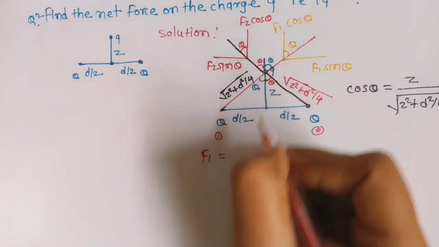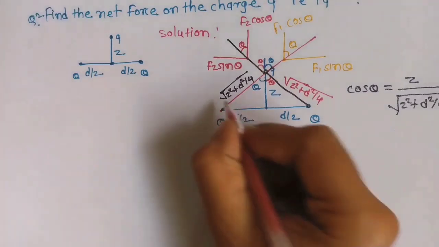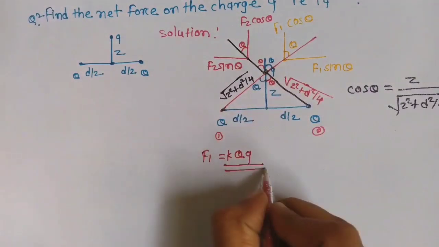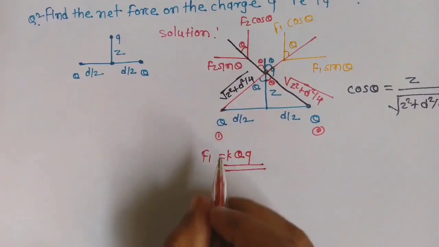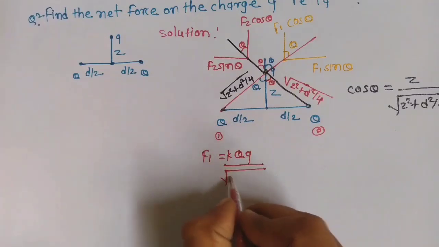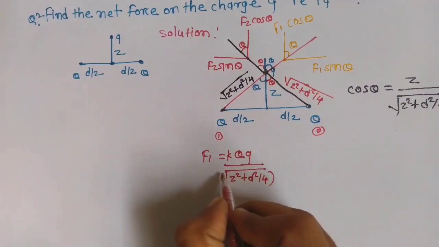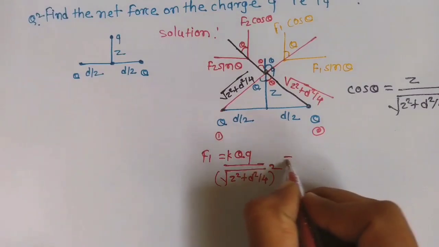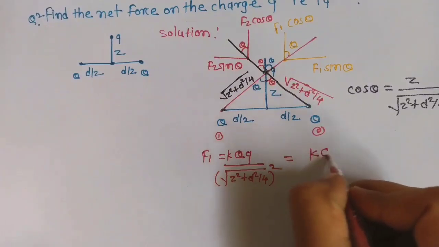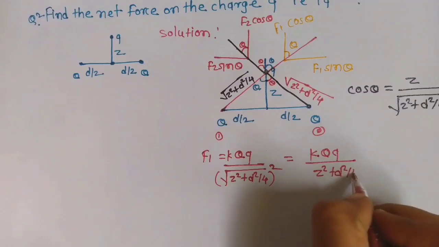Force F1 due to these two charges Q, this is K Q Q upon under root z square plus d square by 4 whole square. This becomes K Q Q upon z square plus d square by 4.